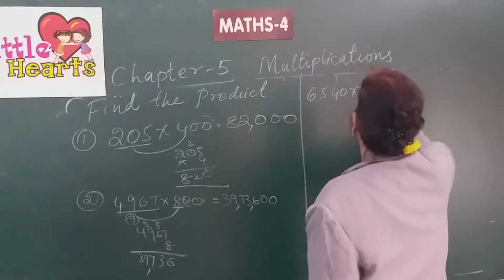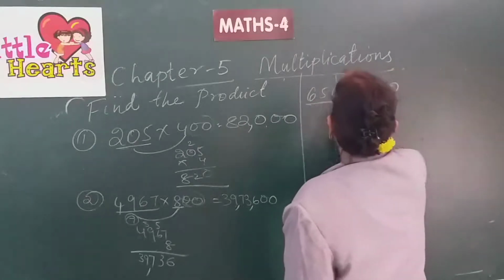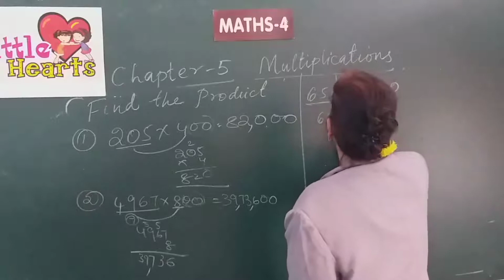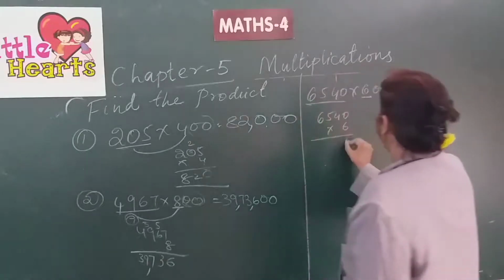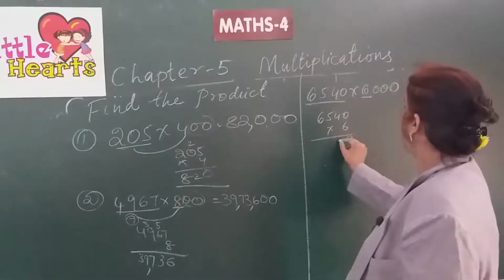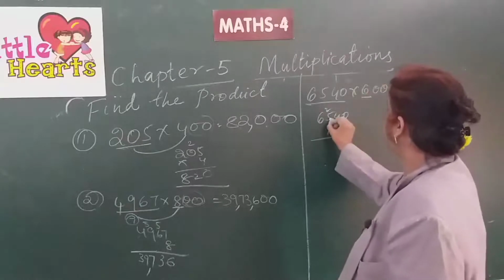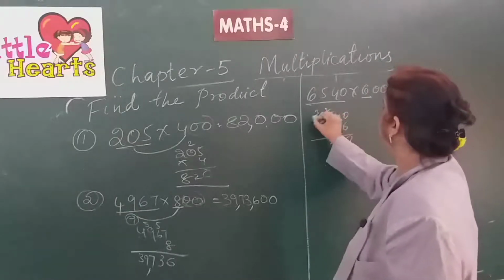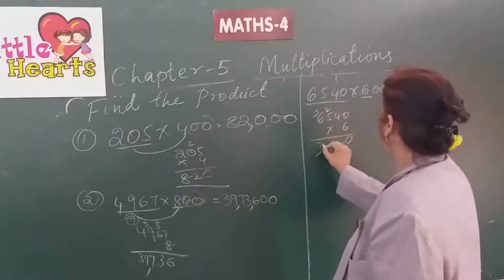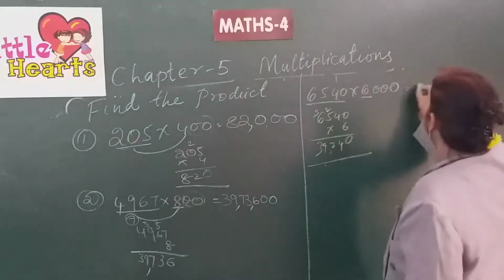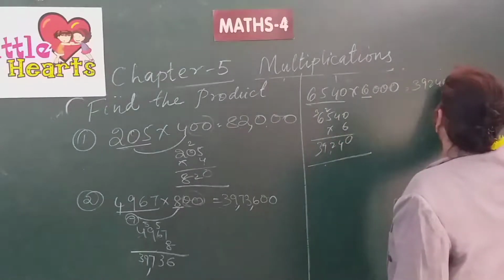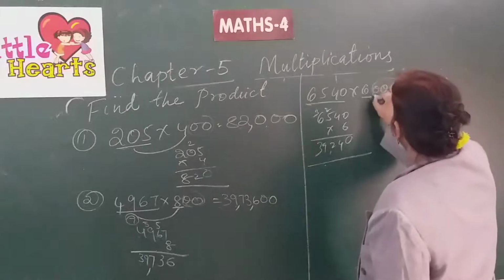In the same way, multiplying with the multiples of 1000. 6,540 into 6,000. Multiply these two. 6,540 into 6. 6 zeros are 0. 6 4s are 24. Carry 2. 6 5s are 30 plus 2, 32. 6 6s are 36 plus 3, 39. 39,240. And we have left these 3 zeros.